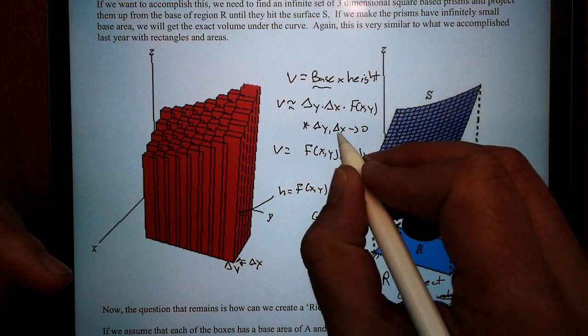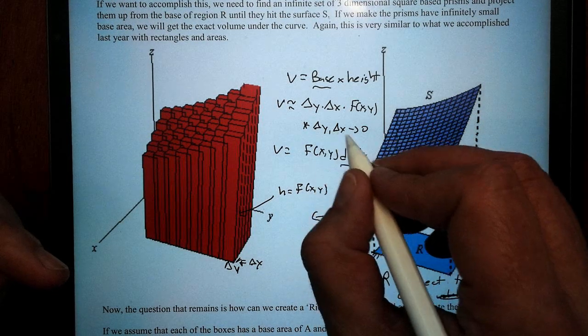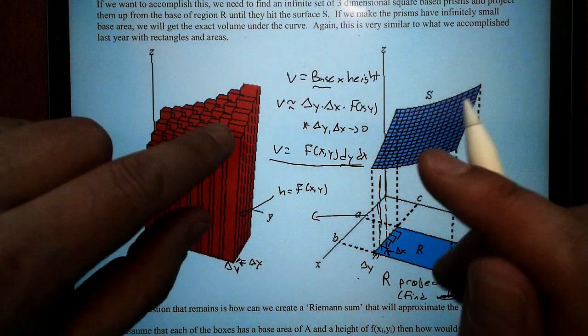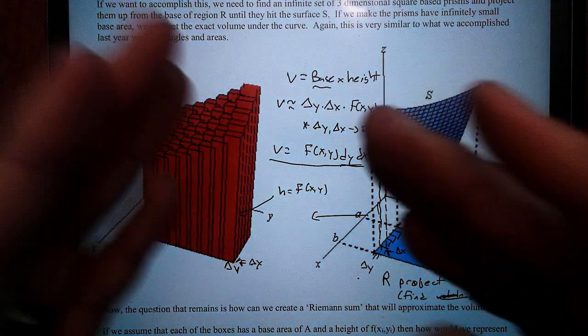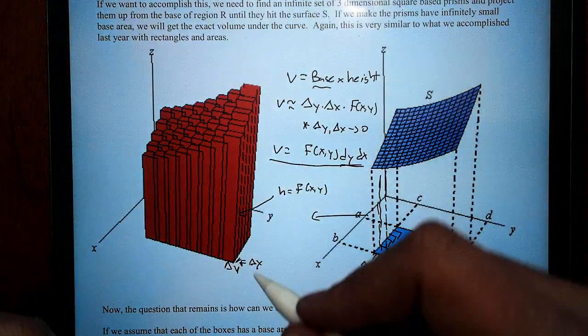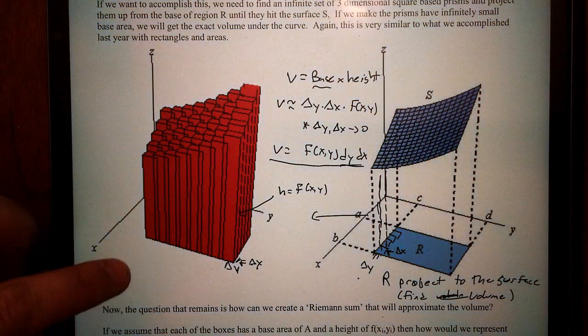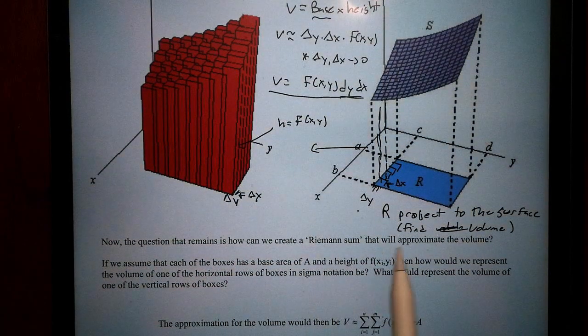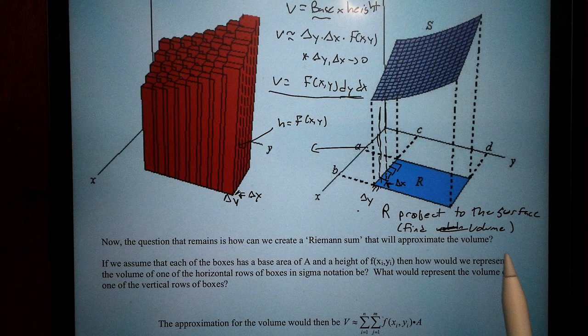Remember, dy dx is the limit as delta y and delta x go to 0. So this is now the volume of an infinitely skinny prism. And we're going to add them all up. Now the question remains: how can we create a Riemann sum that will approximate the volume?